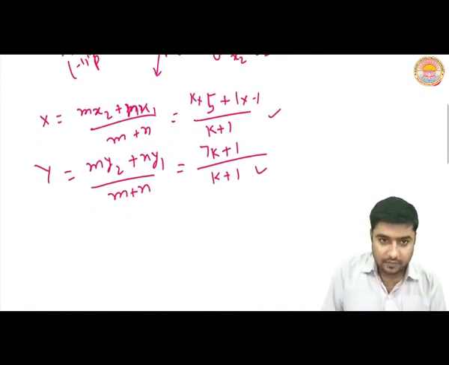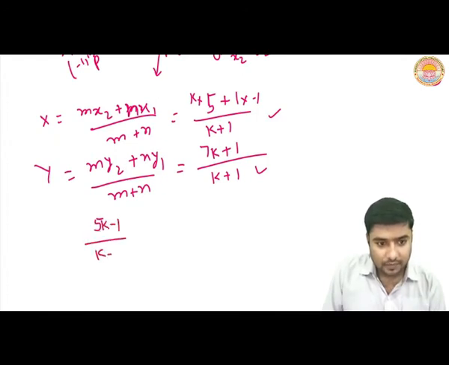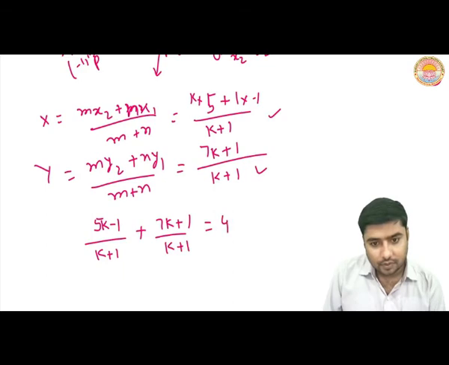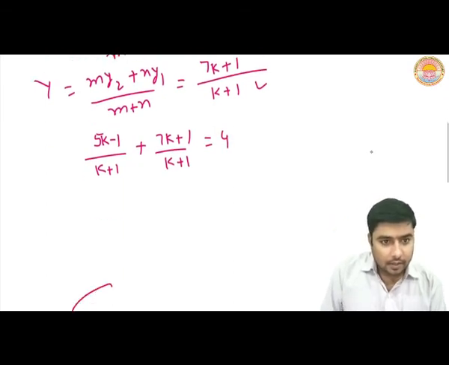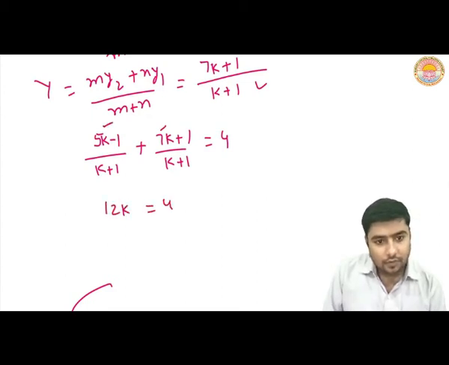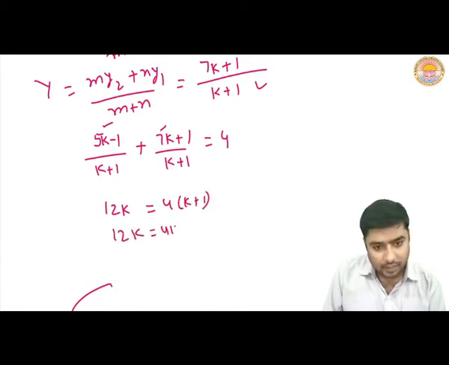Here it is (5k minus 1) upon (k plus 1) plus (7k plus 1) upon (k plus 1) equals to 4. It means 7k and 5k, that is 12k, equals to 4 times (k plus 1). It means 12k equals to 4k plus 4. It means 8k equals to 4. Then k equals to 1 by 2.